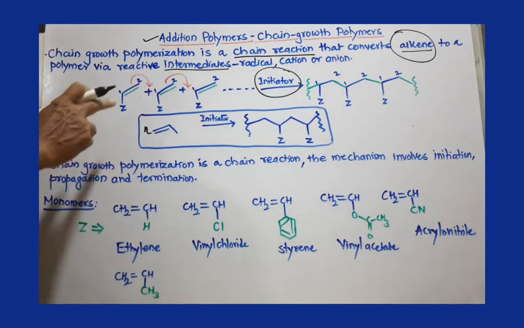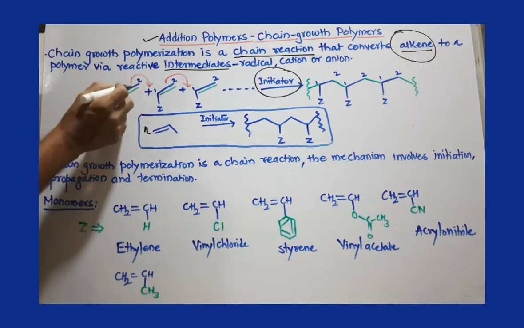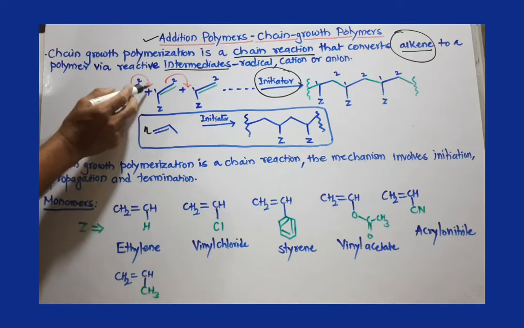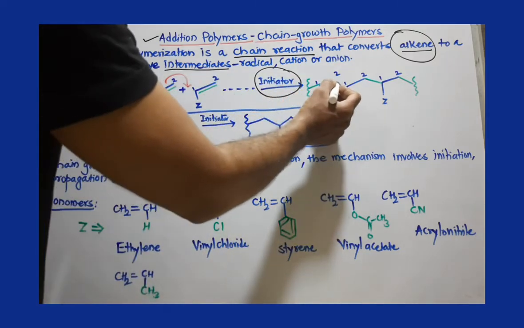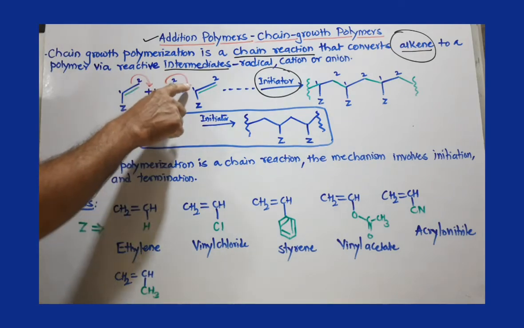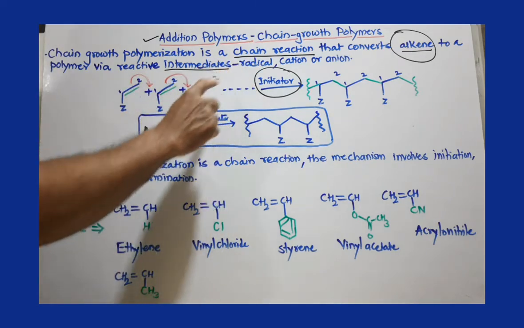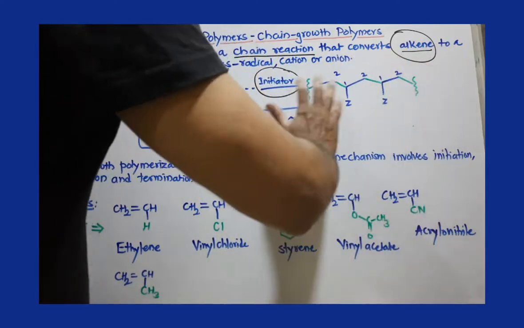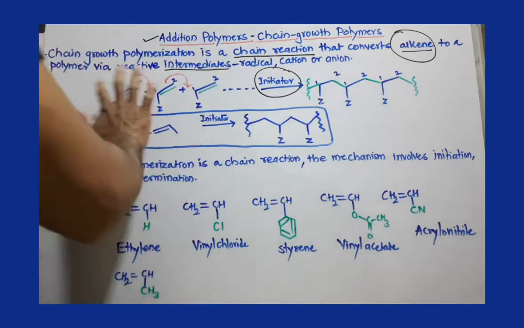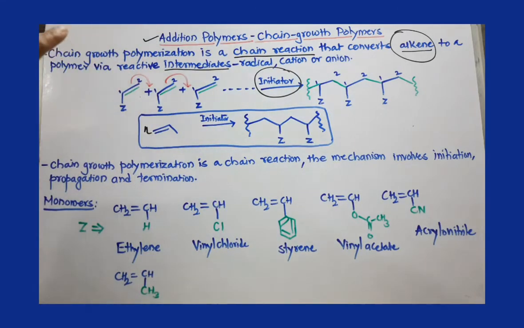Now see, if you look at the reaction, this pi bond is shifting between carbon number 1 and 2 of the monomer, which I have shown using green color ink. So this is shifted here, this is shifted here, and so on. So we get a polymer because of this addition reaction.